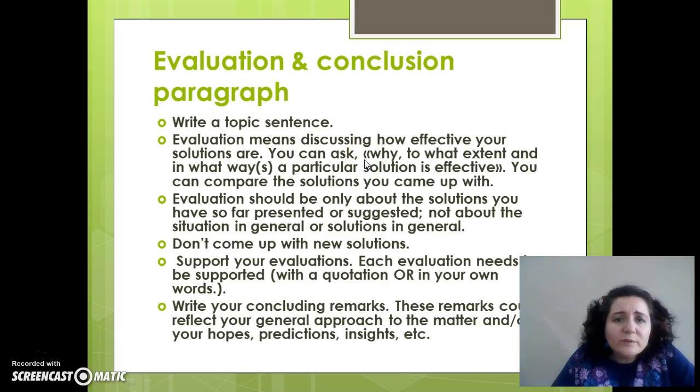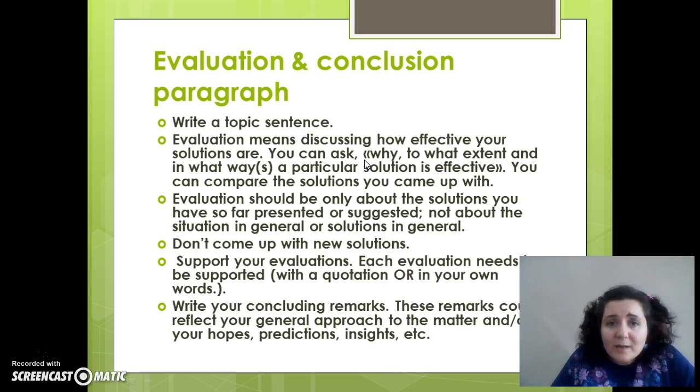And here we go on with the evaluation and conclusion paragraph. Similar to what I said for the first paragraph, which is introduction and situation paragraph, evaluation and conclusion paragraphs could also be written as 2 different, separate paragraphs. So you could consider writing them separately.